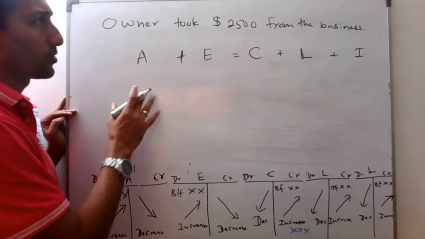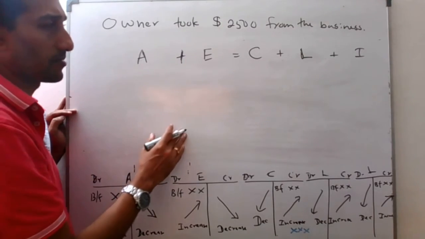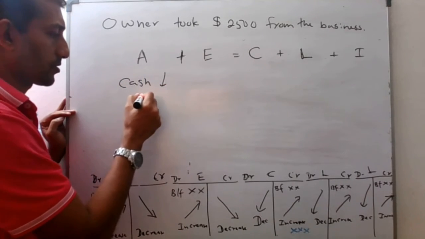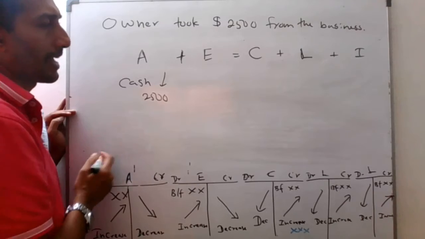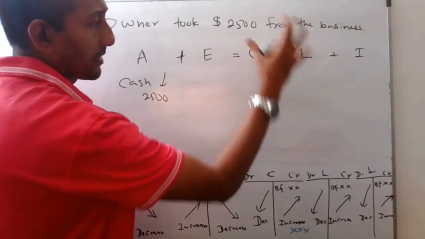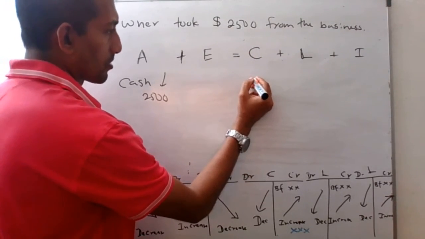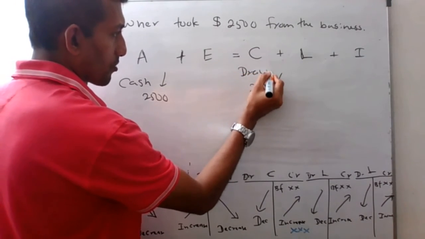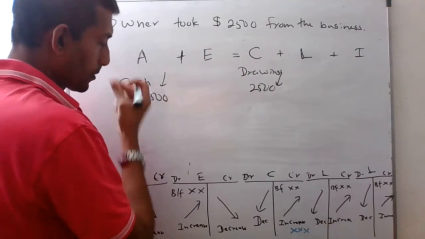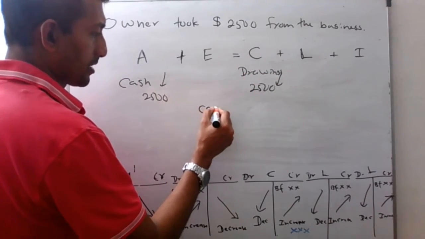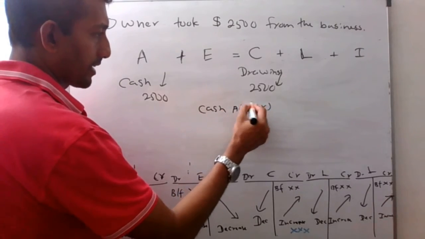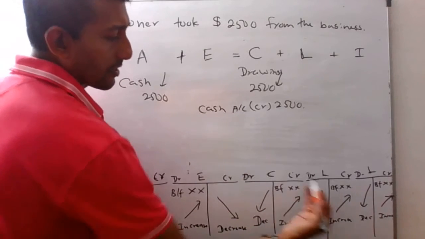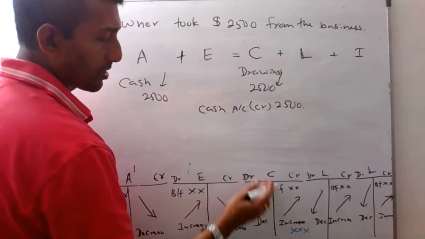So when the owner took 2500, it's in terms of cash, the cash is going to reduce by 2500. And whatever the amount that we have identified as capital is also going to go down by 2500, and we give a special word, drawings. So cash reducing means cash account credit 2500, and capital increasing means credit, decreasing means debit.